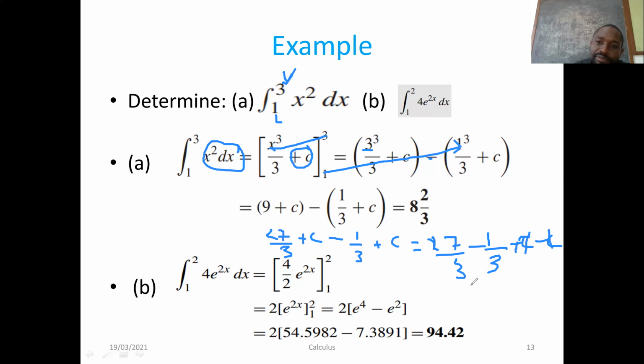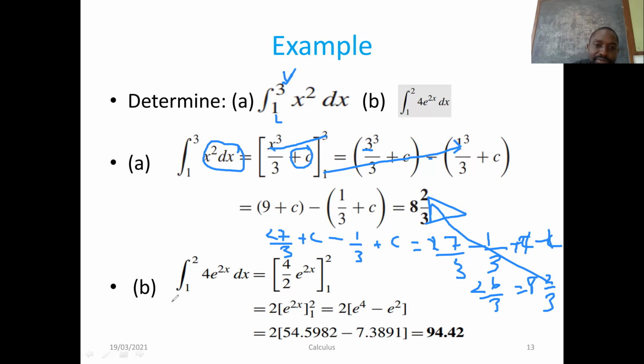Then you're going to have 26 divided by 3, which is simply 8 and 2 over 3, which is basically similar to that final answer.